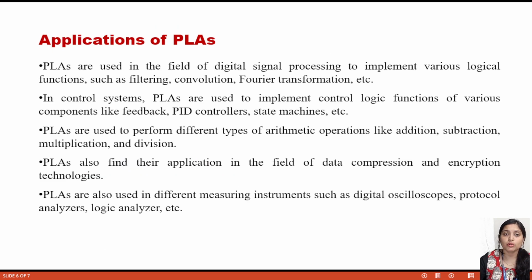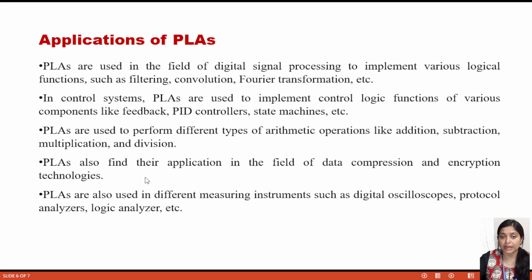Applications: PLAs are used in the field of digital signal processing to implement various logical functions such as filtering, convolution, Fourier transform, etc. In control systems, PLAs are used to implement control logic functions of various components like feedback, PID controllers, state machines, etc. PLAs are used to perform different types of arithmetic operations like addition, subtraction, multiplication, and division.